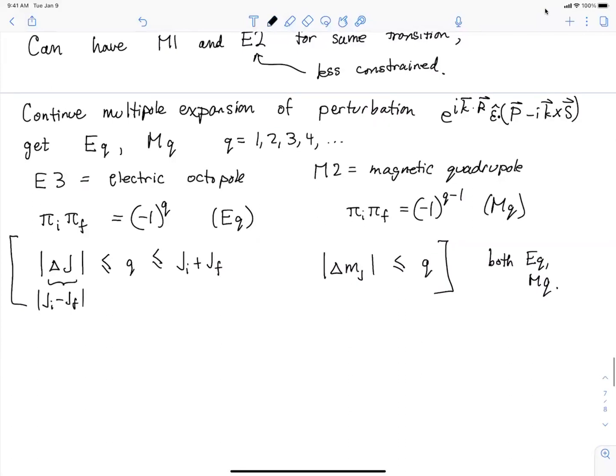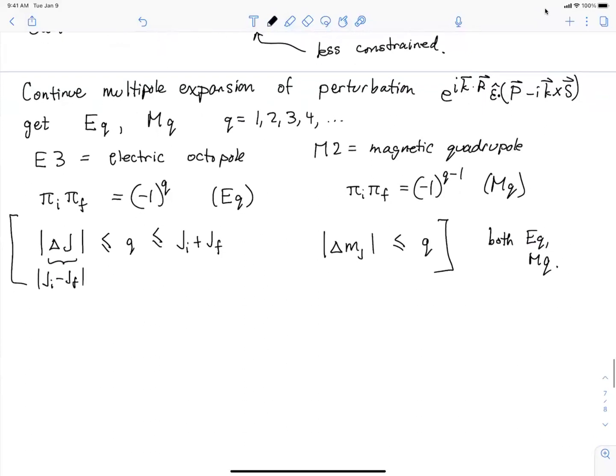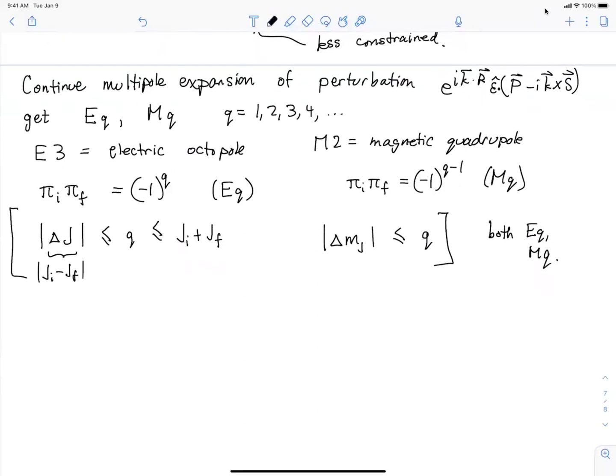Okay, and so if you're trying to figure out what transition occurs between two atomic states, you look at the selection rules and the one with the lowest Q wins. So in the long wavelength limit, the lowest Q wins. And the lowest Q that allows the transition to occur at all is going to win.